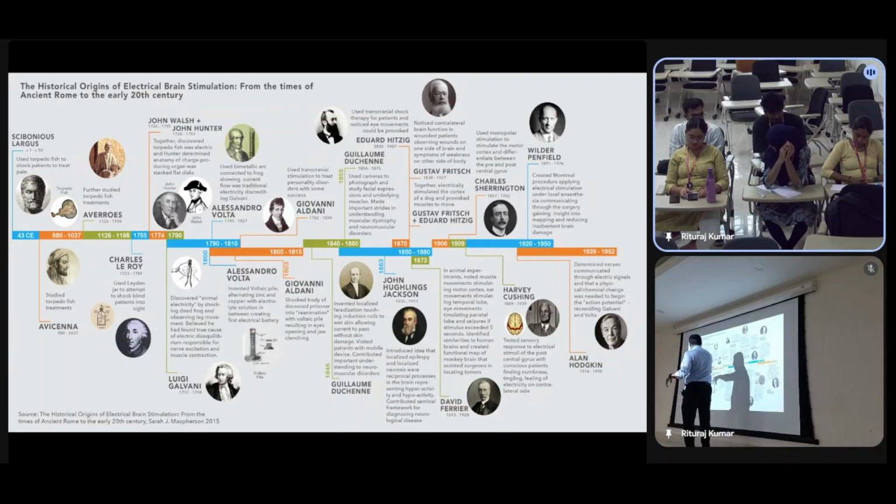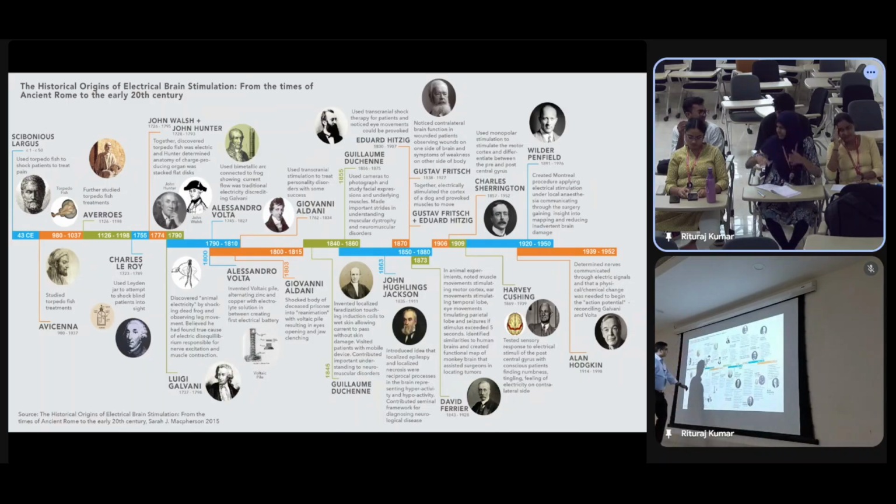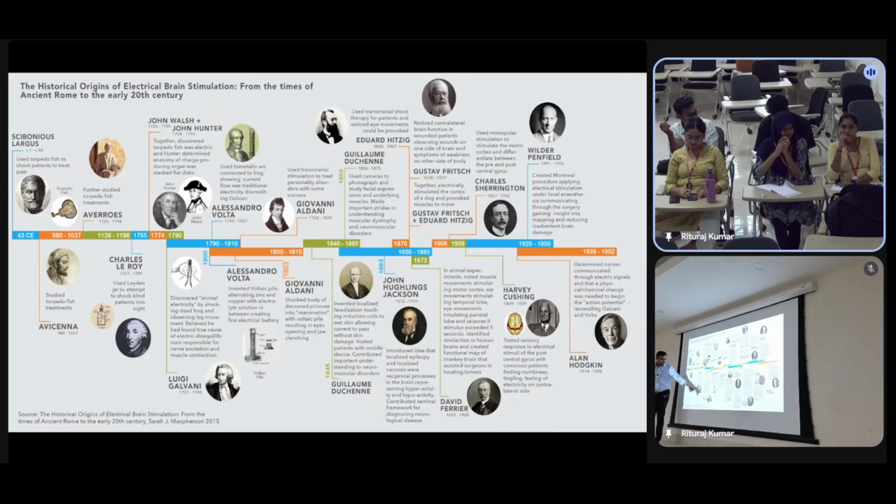And there were different people, but the most notable one is, where is Galvani? Yeah, Luigi Galvani's animal electricity. When he put the current on the frog's spinal cord, he was able to stimulate the frog's leg.